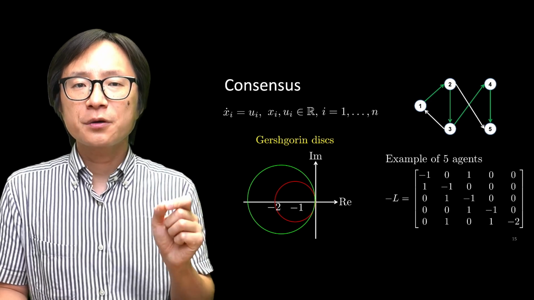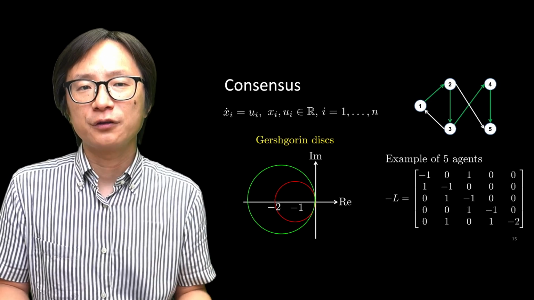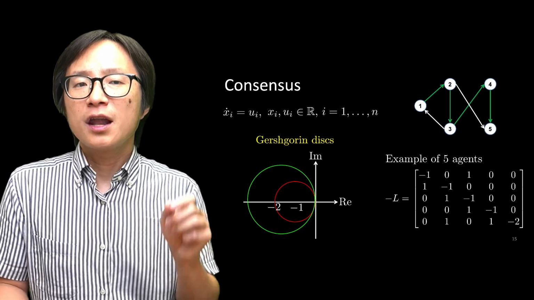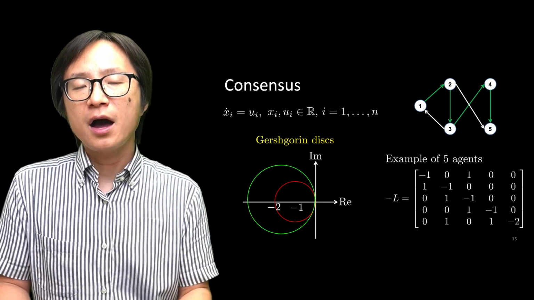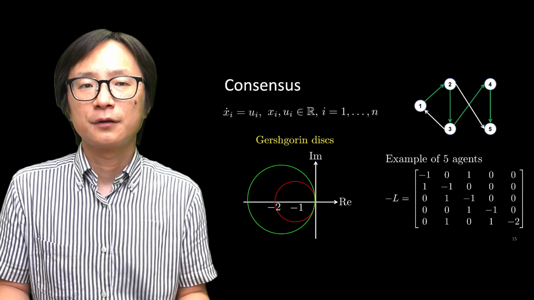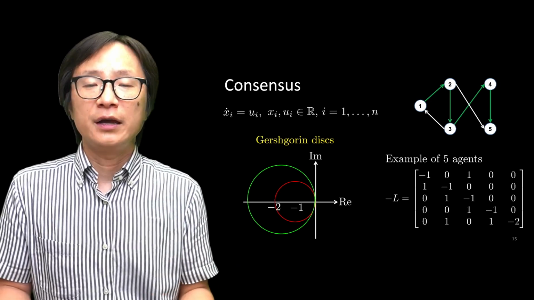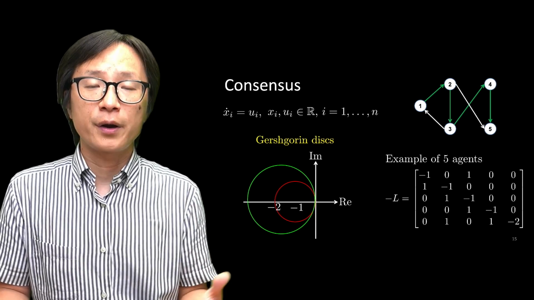The Gershgorin disk theorem asserts that all the eigenvalues of the matrix will lie within the union of all the Gershgorin disks for the rows. So in this example, the union of the 2 disks is just the bigger disk, the green disk.